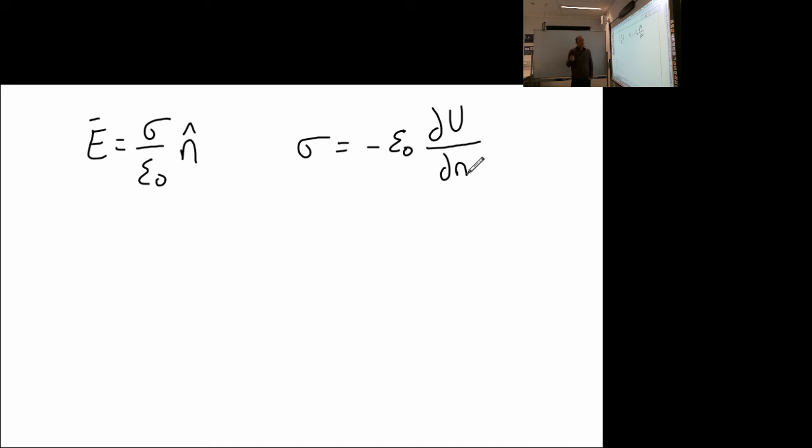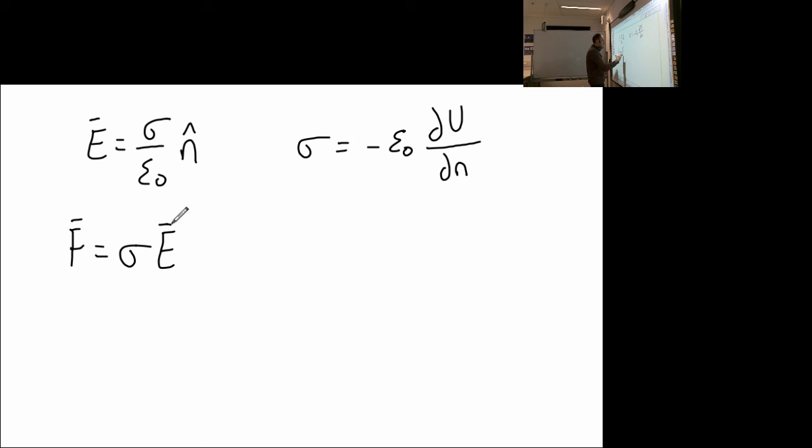So now in the presence of an electric field, a surface charge will experience a force. But since the electric field is discontinuous at the surface, there's going to be a force both above the surface and below the surface. So what do we do here? Well, essentially our force will be equal to sigma, the surface charge, times our electric field.